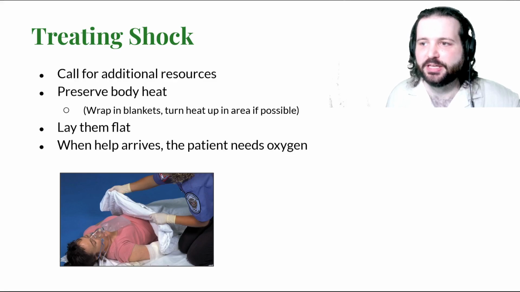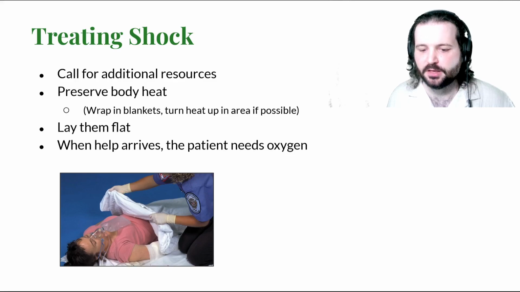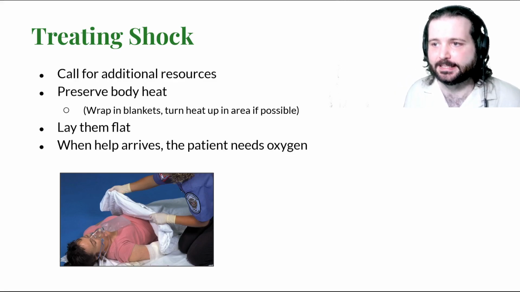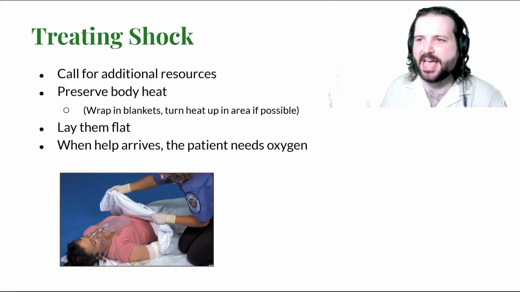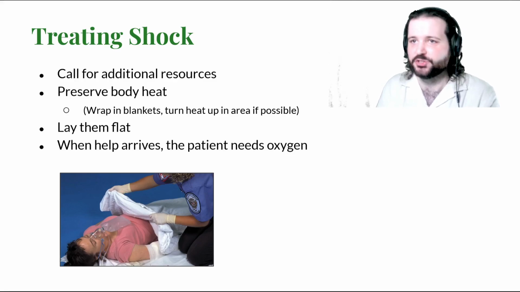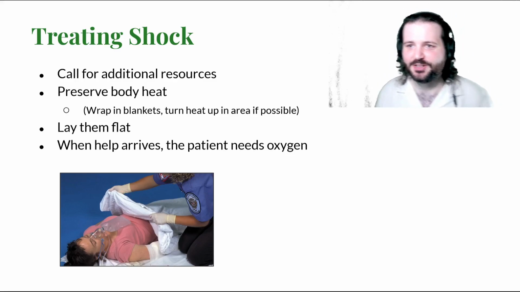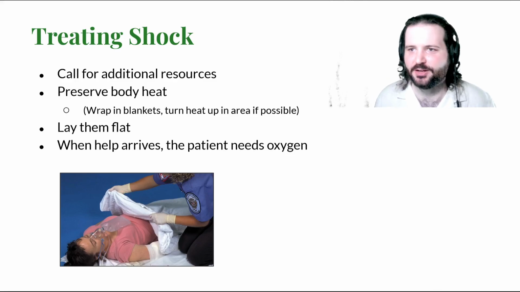So the things that we can do to essentially help them compensate is preserve their body heat. One of the most energy expensive things that we do is generate body heat, even if you're just sitting there, right? You might not have to in Vermont right now where it's nice and warm. You're probably not generating that much heat. The outside world is doing it.